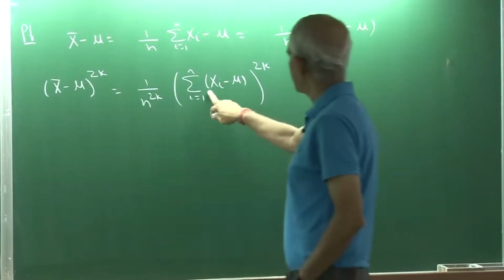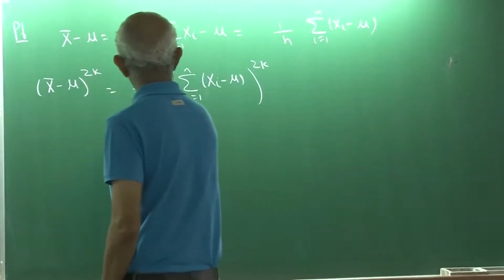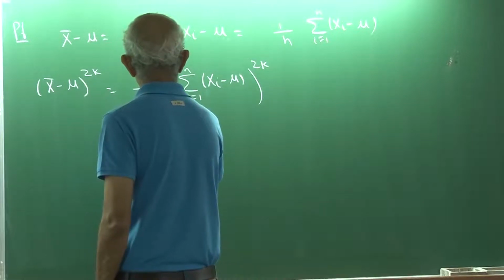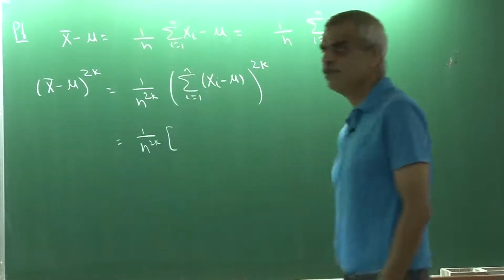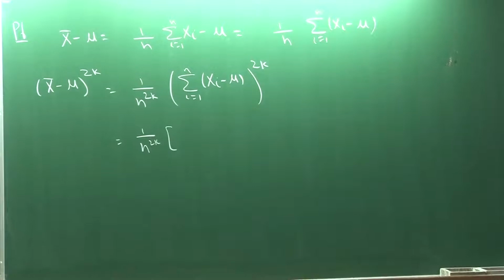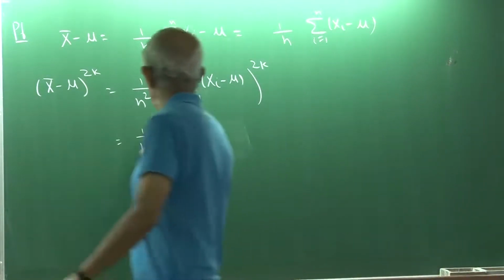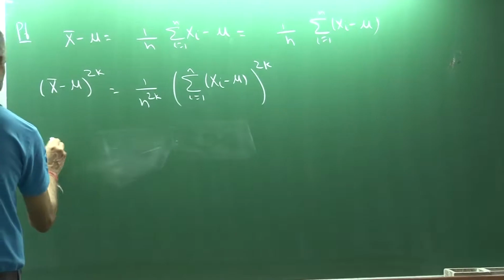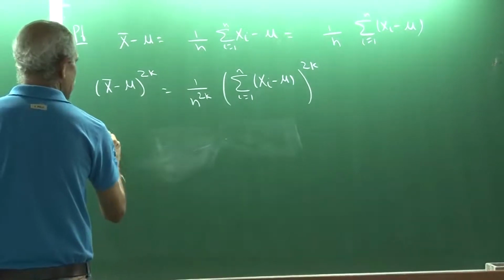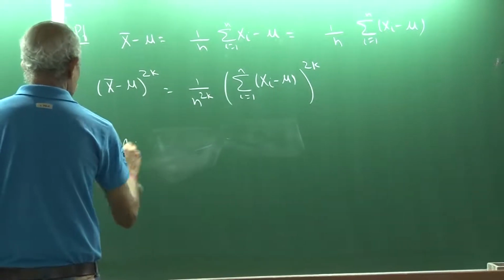Now, when I am putting xi minus mu to power 2k, what does it mean? It is x1 minus mu, and so on. In general, let us look at an expression of the type summation i equals 1 to n, ai to power 2k.